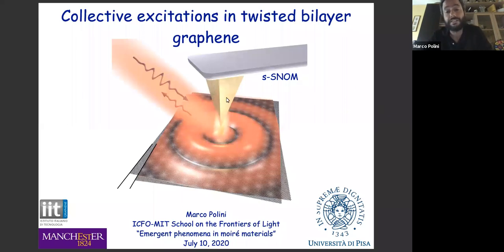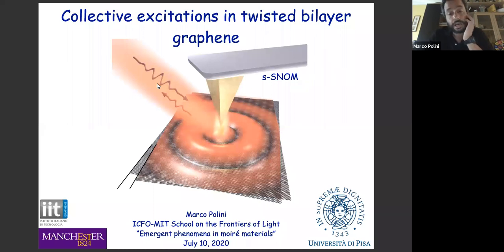Essentially, there is a metallized tip of an AFM, and you shine focused infrared light on it. Because the tip breaks translational invariance, you are able to couple far-field photons to collective excitations in the electronic medium, in this case, a twisted bilayer graphene.